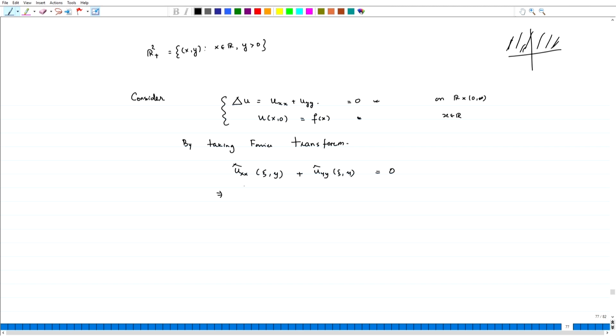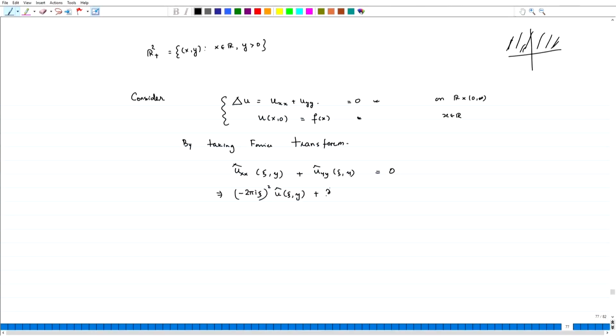This implies minus 4 pi squared xi squared times u hat of (xi, y) plus, as we have seen, the differential operator in the time variable commutes with the Fourier transform on the space side. So, here we will get del squared by del y squared of u hat at (xi, y).